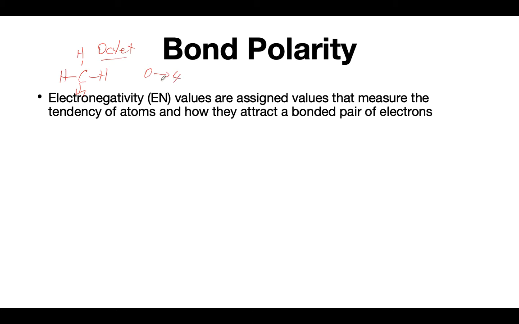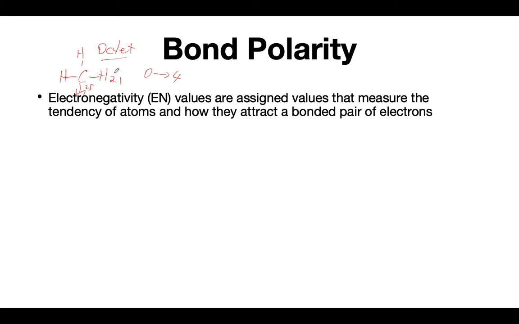So the larger the electronegativity value, the higher the atom's power to draw the pair of electrons once they form the covalent bond. In this case, the carbon atom has an electronegativity of about 2.5, and hydrogen has 2.1. So you can imagine the carbon atom has a higher power to draw the pair of electrons.